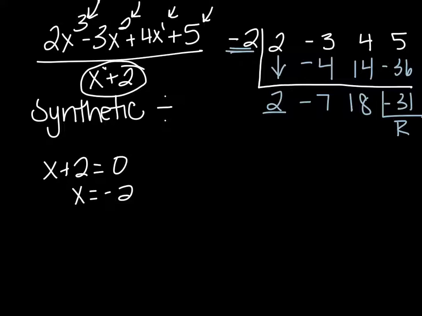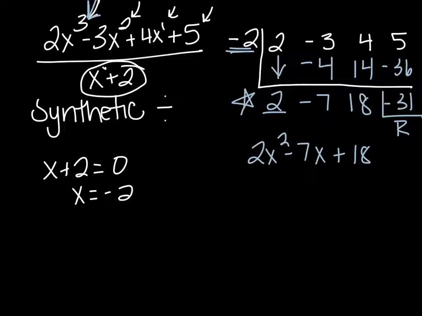What I have left, so if I started with a degree 3, then I have 2x squared minus 7x plus 18. So this piece in blue is always one less degree. So here's one way we can write our final answer.